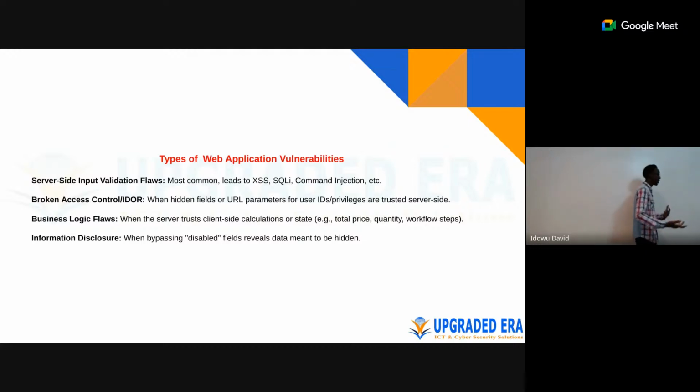Then you send the request and the server accepts that. You cannot do that on the front end because it's a fixed price on the front end, let's say 5,000 naira. But you're able to intercept that request, you change the price from 5,000 to 5, and you send it, and the server does not have a way of validating the figure that it's supposed to receive, and it goes through. It's called a business logic flaw.